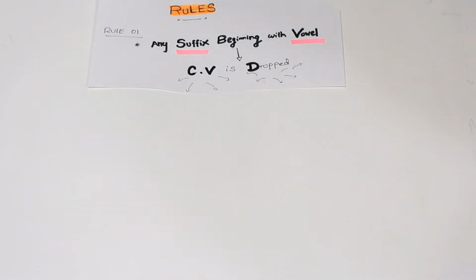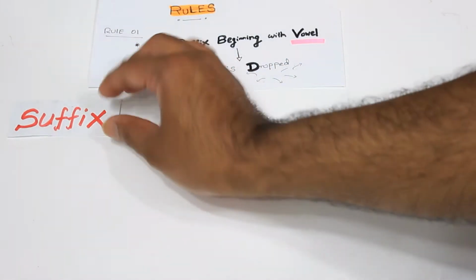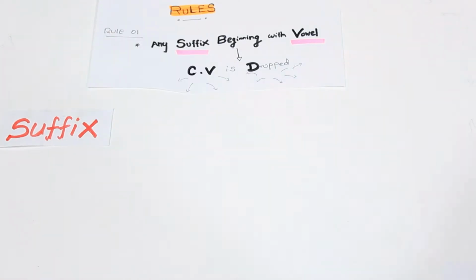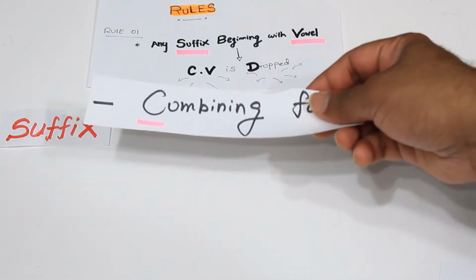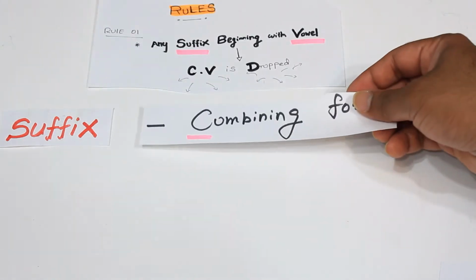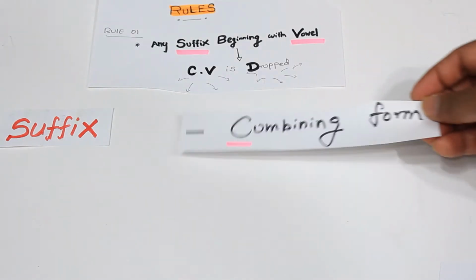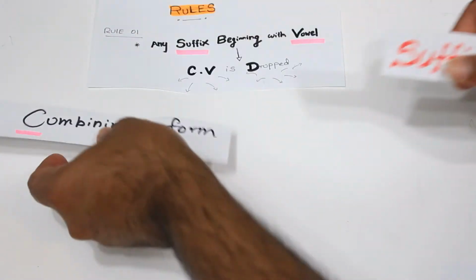Okay, let's take a look at this. As I said before, we can combine a suffix with a combining form, or a suffix with a prefix, or a prefix with a combining form. Here a suffix is combined with a combining form.